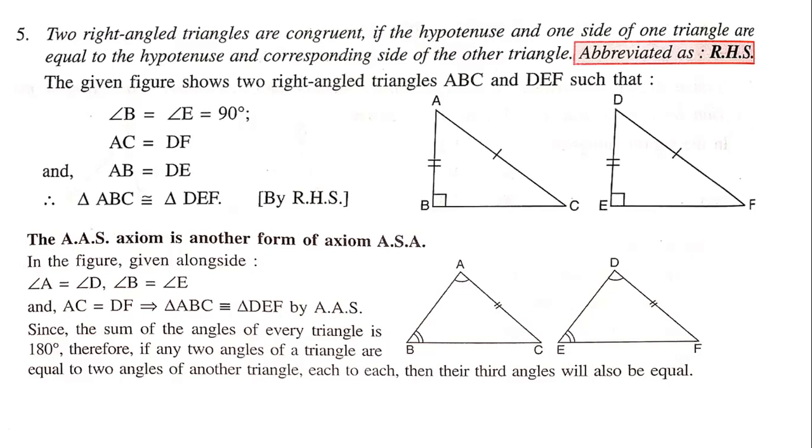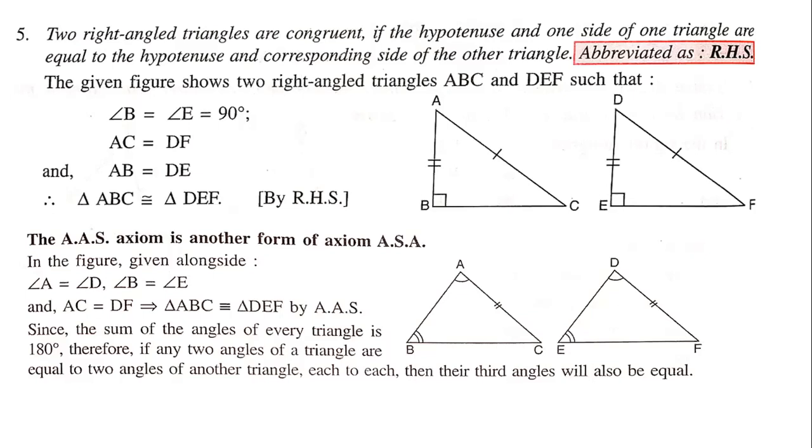So we have done 5 axioms. One is SAS. SAS means side angle side, the angle included between the sides. The second one was angle side angle. That means here the side is included between the angles. Third one is angle angle side. Fourth one was side side side.